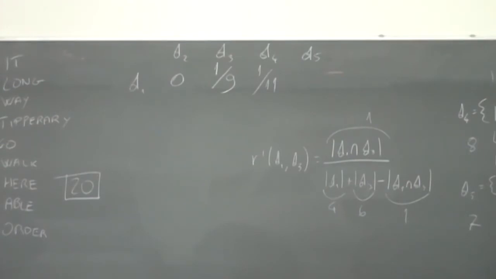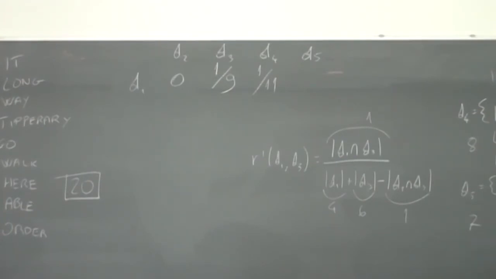And between D1 and D5, we have B, not, and this question and this. Yes, okay, so we have 4 terms in common. Actually, D1 is a subset of D5 from the point of view of the bag of words model.